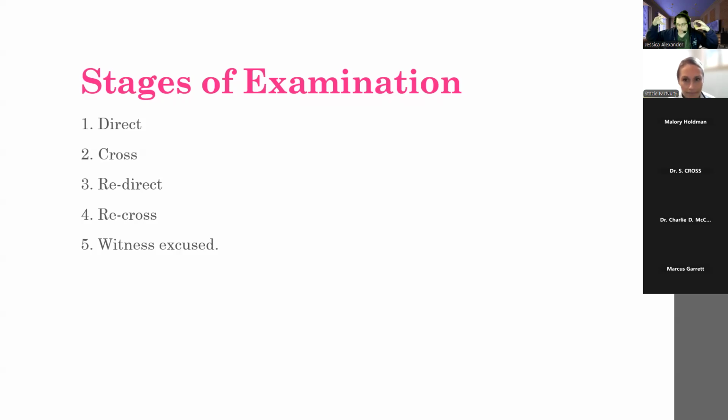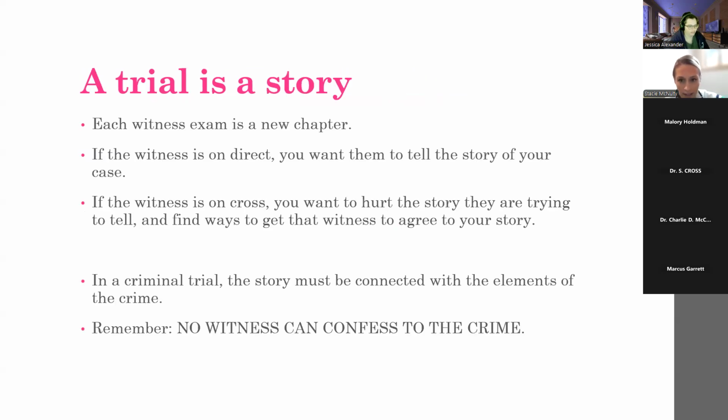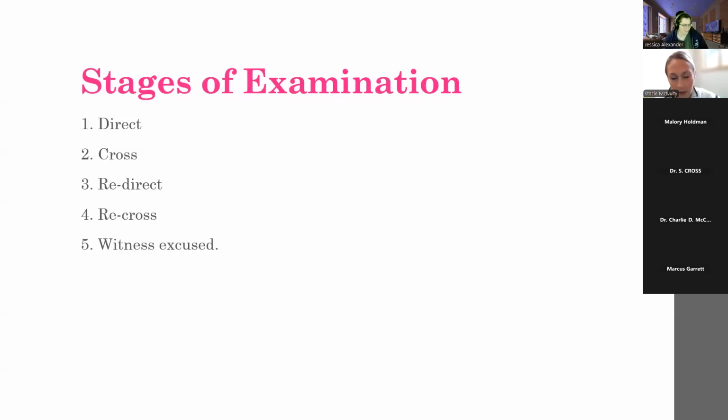Okay, so Stacey, you want to explain scope a little bit more? Yeah, so for example, in redirect, let's say we're talking about whether or not it was reasonable for Goldilocks to believe she was invited, right?